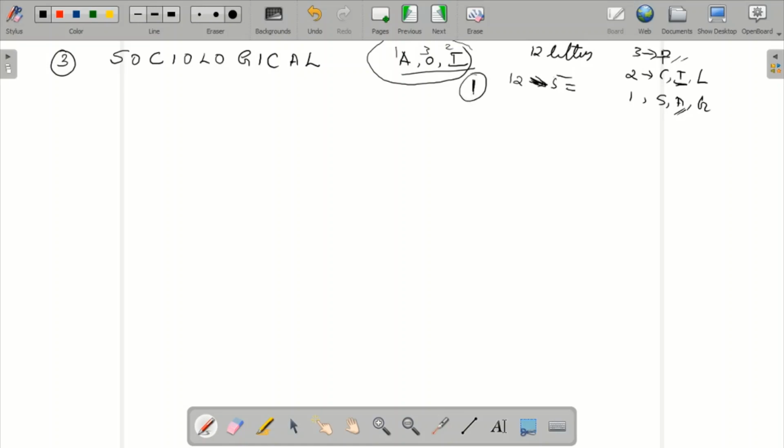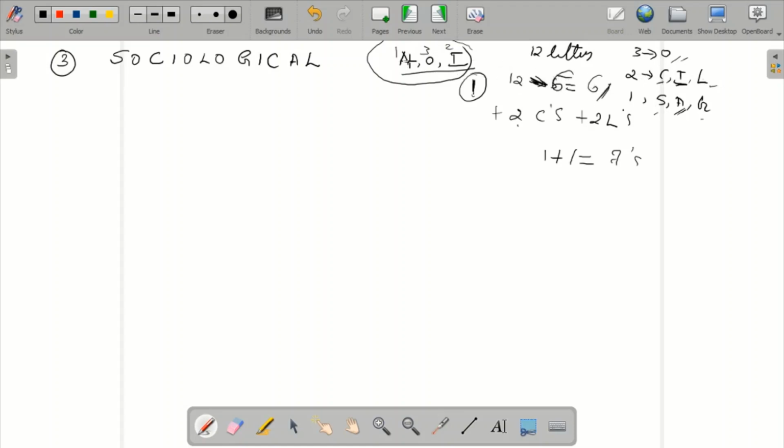Then 1 plus 2 C's plus 2 L's plus 1 S plus 1 of G. So total it is 1, 3, 5, 6, 7. Correct, 7. It's not 12 minus 5, I think it is 12 minus 6. Why? Because 2 C's we had, 2 L's we had, so it was 4, and S and G, it was 6.